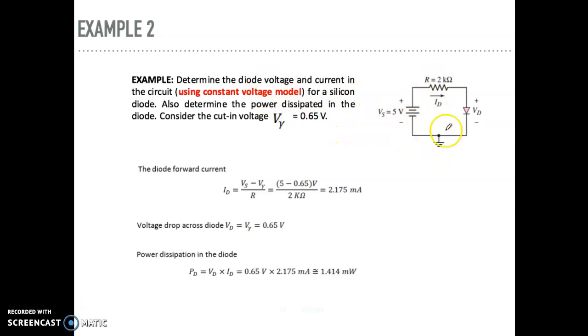Okay, let's see one example. Again, the same circuit as the ideal model. Question 1: find VD and ID using the constant voltage model. Why does it mention constant here? Because in this question it gives the value of V gamma. When you want to solve this question, always remember what happens during reverse bias and forward bias.